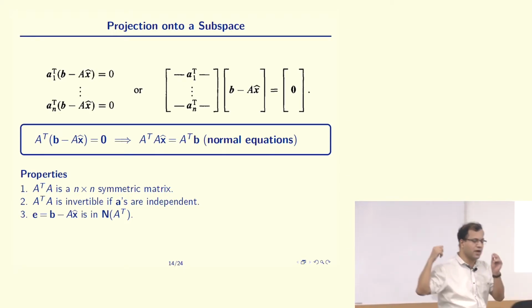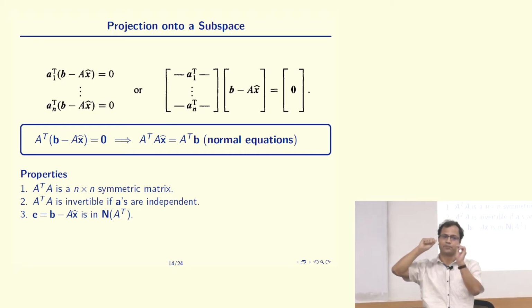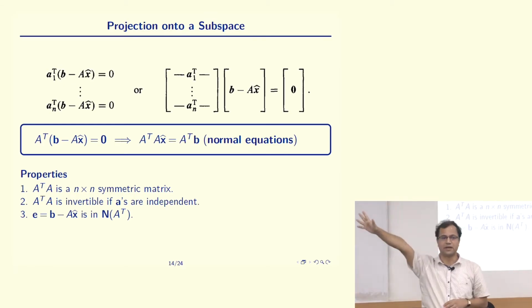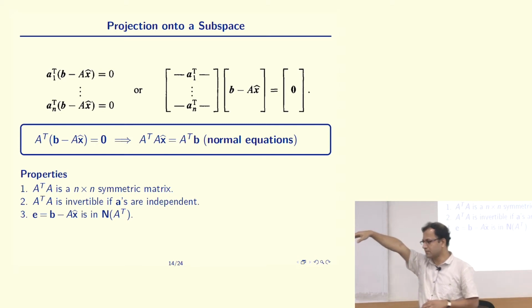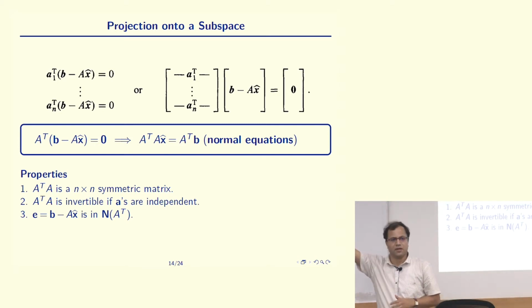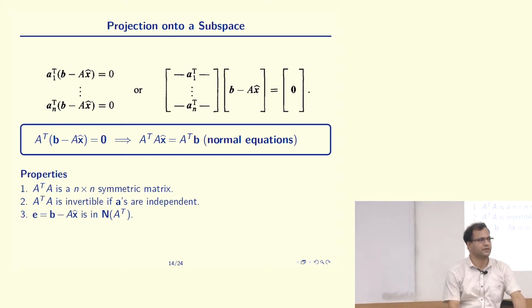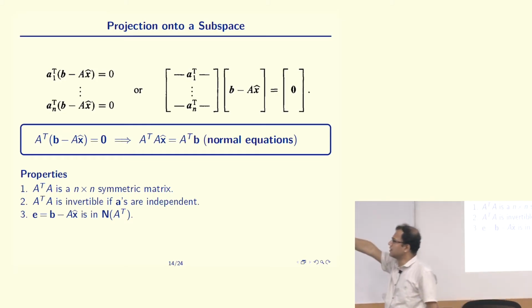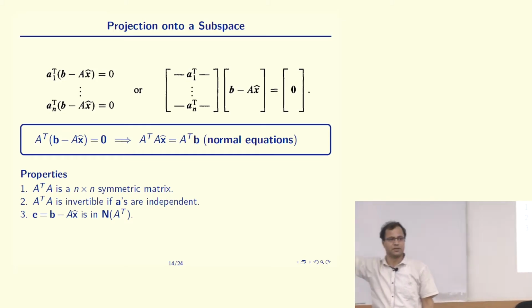These equations you have to use all over your study of machine learning, when you are studying this least square equation, finding the projection. You always need to use this, right? So this system is kind of the heart of studying projection.